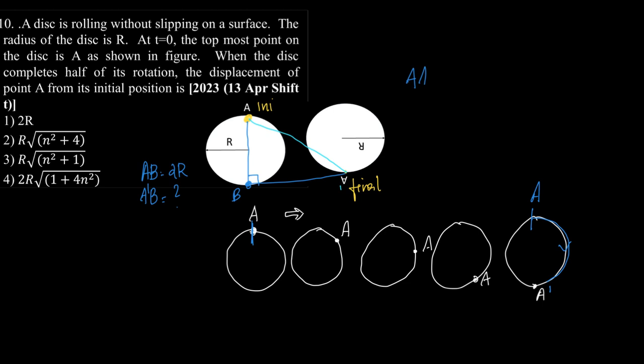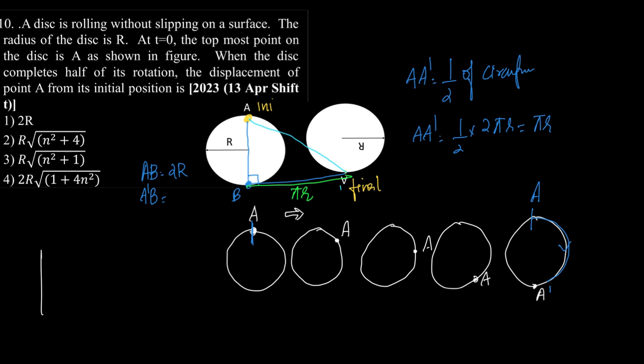So A dash is actually half of the circle's circumference, which means A dash is equal to half into 2 pi r, which is pi r. In which case, what is A dash B? Now we can write that A dash B, which is this distance, is actually pi r.